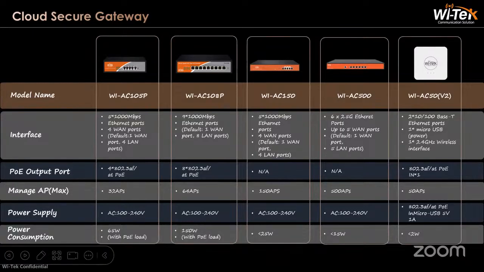And the last one, the cheapest one, is a cloud key controller, without the router function built in. This one also supports the captive portal function. Many customers choose this one, the AC50.